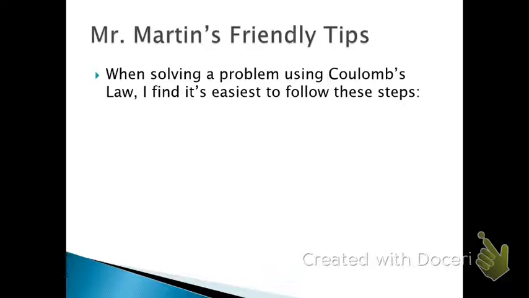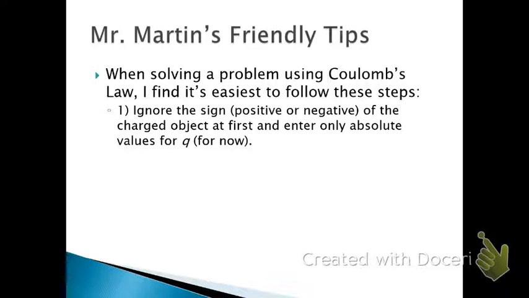So, if I am solving problems with Coulomb's law, here's how I go into it. A lot of the confusion can come around that negative. So, I like to ignore the sign to begin with. Right? I know from elementary school that like charges repel and opposite charges attract, so I can figure out the direction. Force, just like it was all fall semester, is a vector, and all that the negative means is direction.